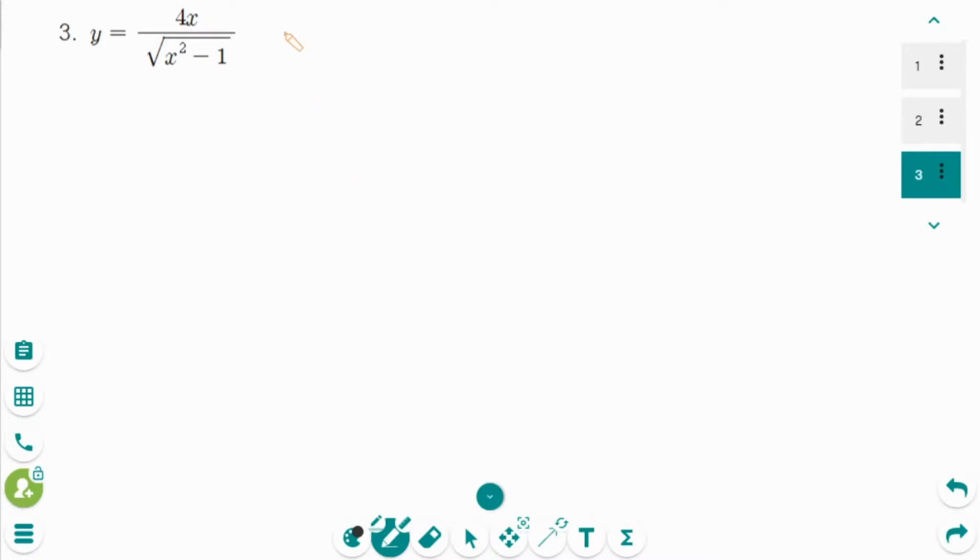Number 3, we can rewrite as 4x over (x squared minus 1) to the power of 1 over 2. Then please remember u over v prime equals (u prime v minus u v prime) over v squared.